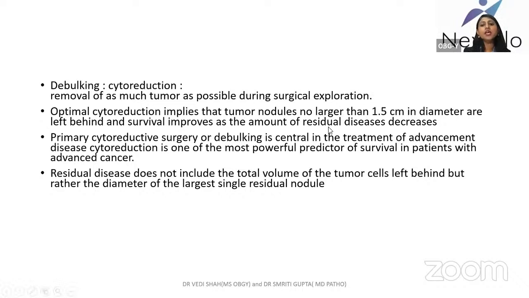It means that tumor nodules less than 1.5 centimeter in diameter are left behind, and survival improves the lesser the residual tissue left inside; the better is the survival. Primary cytoreductive surgery or debulking is central in the treatment of advanced disease, and the residual disease does not include the total volume of the tumor cells left behind, but rather the diameter of the largest single residual nodule.